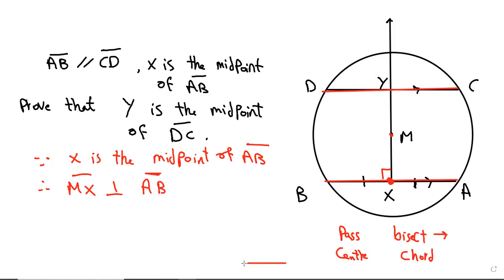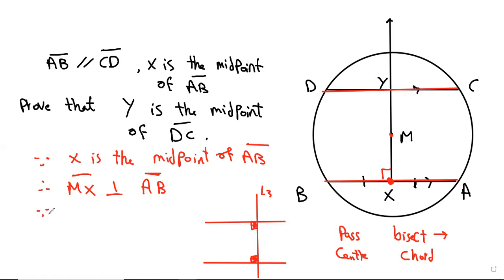The two parallel lines are BA and DC. And there is a line perpendicular to one of them. You know that if we have two parallel lines and a third line is perpendicular to one of them, then this line is perpendicular to the second line.